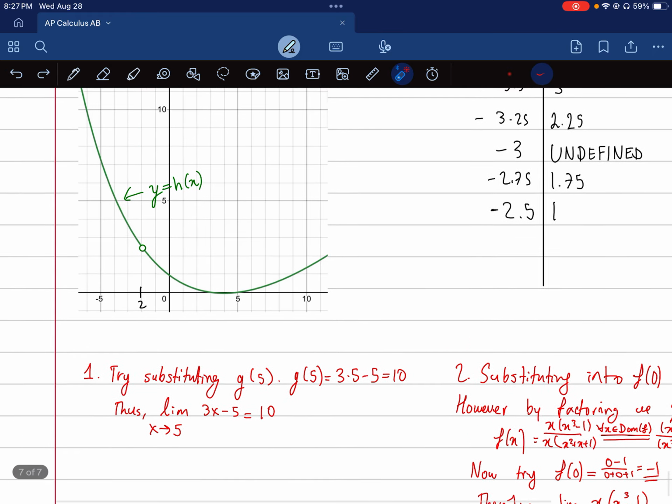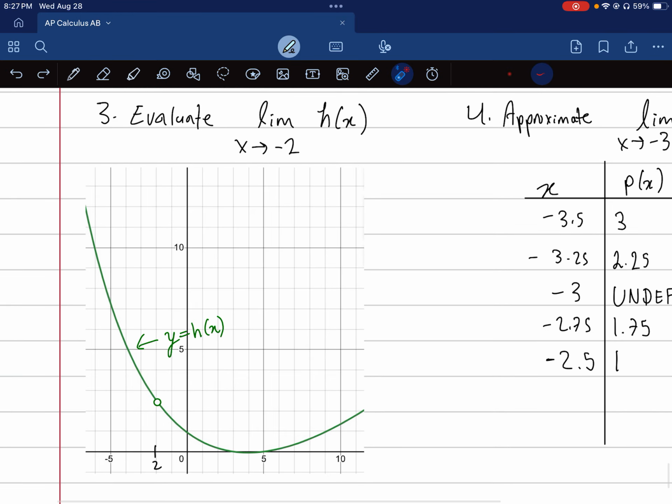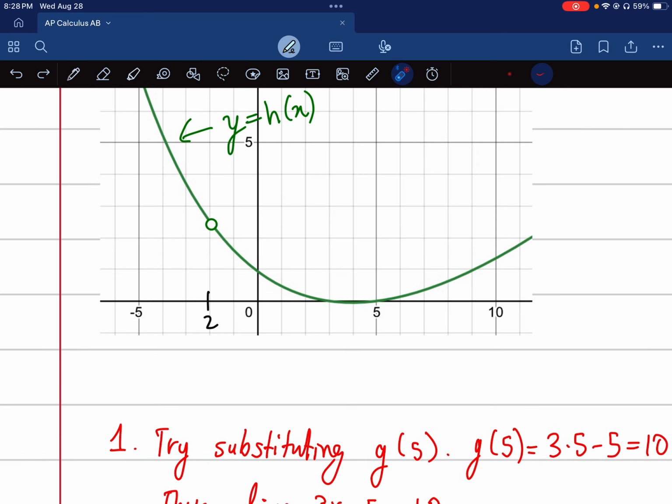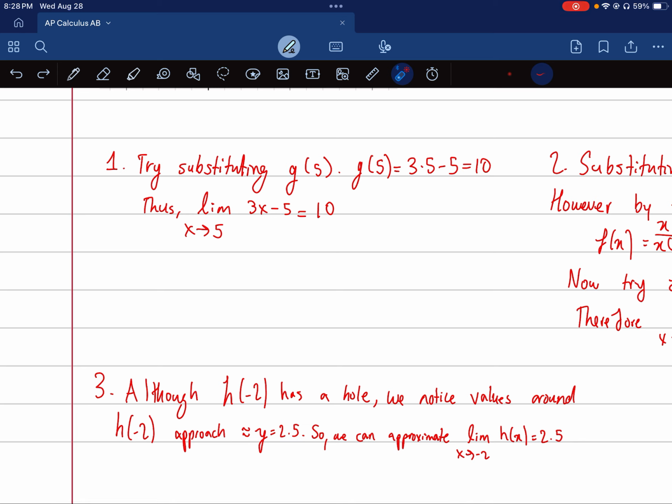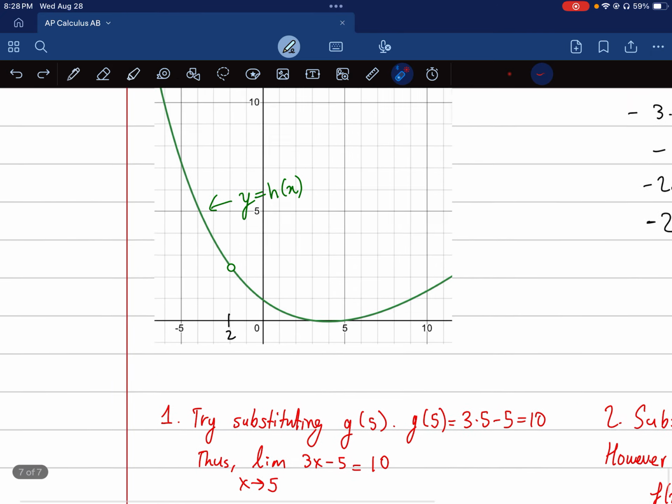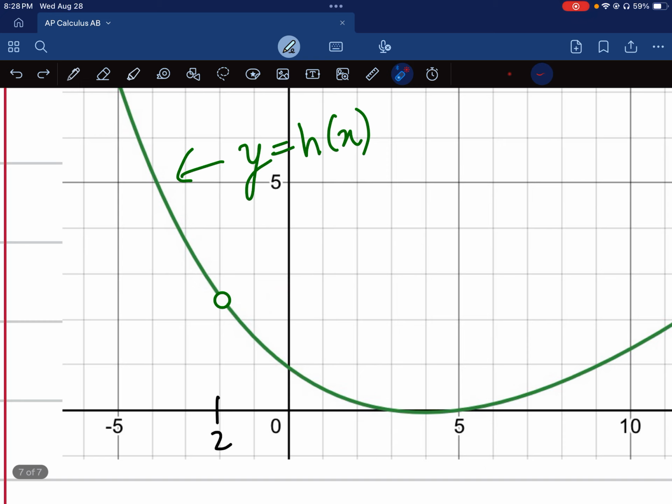Let's look at number 3, which is our graph. Evaluate the limit as x approaches -2 of h of x. Now, unfortunately, h of -2 is not actually defined. We have a hole in the graph. So we're going to have to look at the values around -2. So although h of -2 has a hole, we notice the values around it approach about y equals 2.5 here. Notice here, as we get closer and closer to -2, the y's get closer and closer to 2.5.